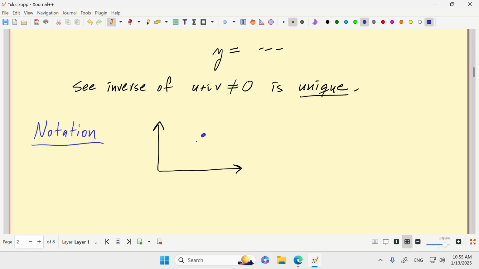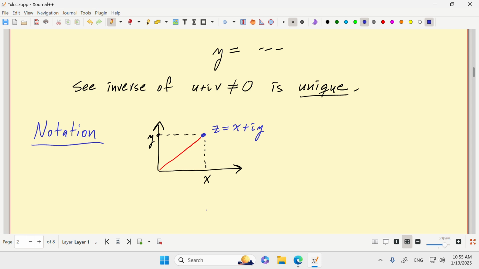Here's an x. Here's a y. And so this is z equals x plus iy, which is also the point x, y in the complex plane. Okay? That's how we visualize complex numbers.